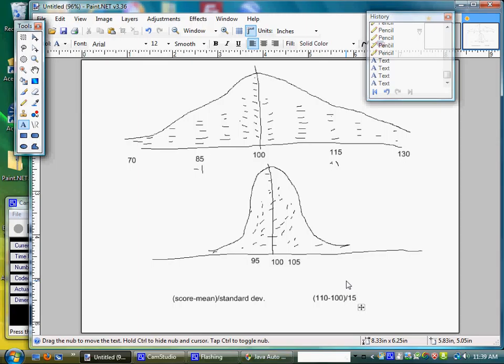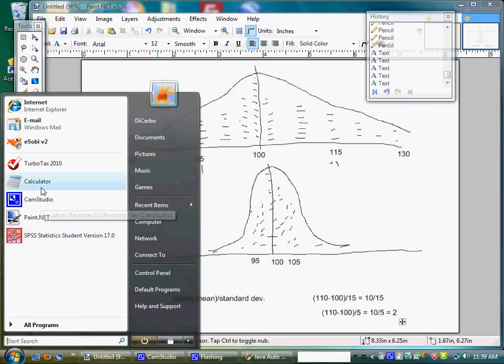Our next one is going to be our same score, 110, minus the same mean. We had the same mean, but our standard deviation is only 5. So here we have 10 divided by 5, which equals 2. And let's figure out what that other one is. We've got 10 divided by 15 equals 0.67. Probably could have done that in my head.